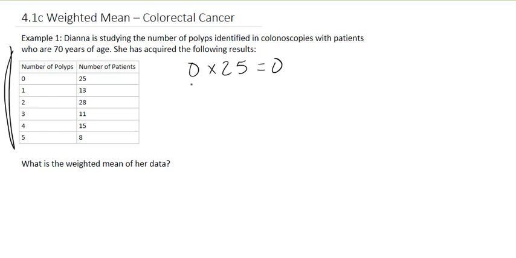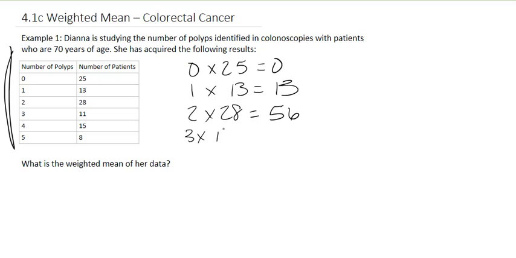Next, 1 times 13, which is equal to 13. Then we multiply 2 times 28, which is 56. Then we go 3 times 11, which is 33.